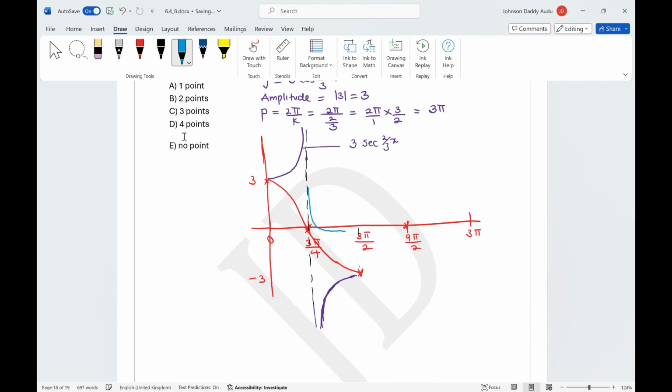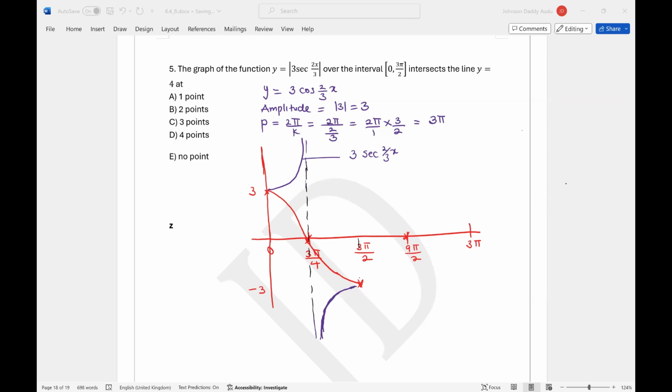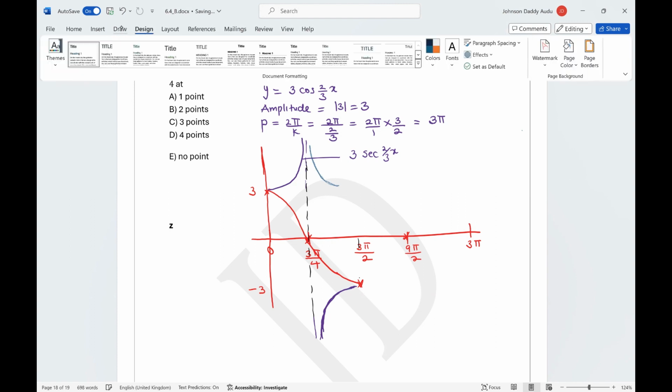So what does that mean? Because the question asks how many points the line y equals 4 will intersect the graph. How many times will it intersect the graph, right? So if we reflect this part, which is below the x-axis, up, it's just going to be something like this.